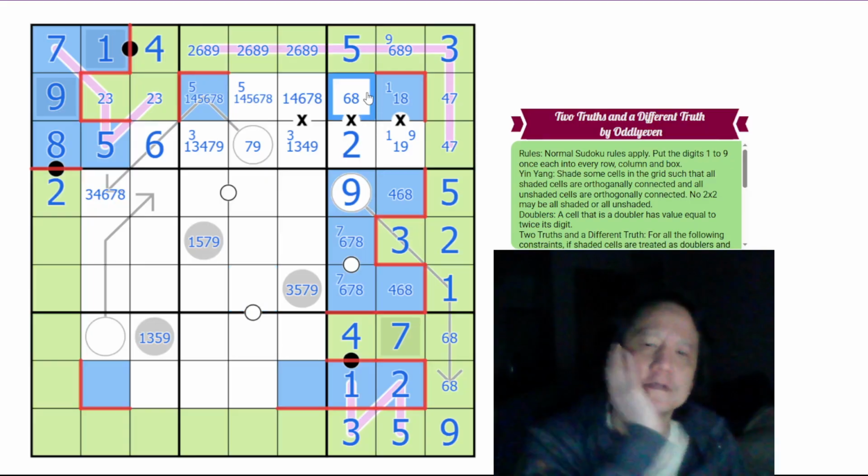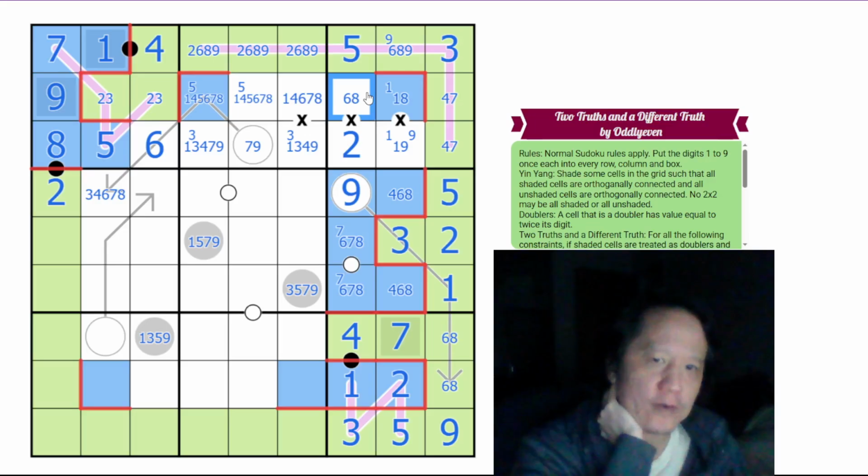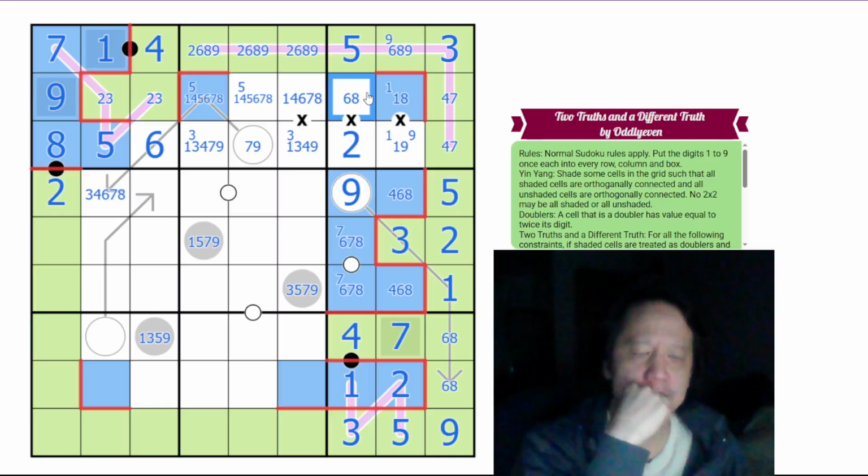This, we know it can't be doubled. That's all we know. But we don't know if it's blue or green to match. Okay.